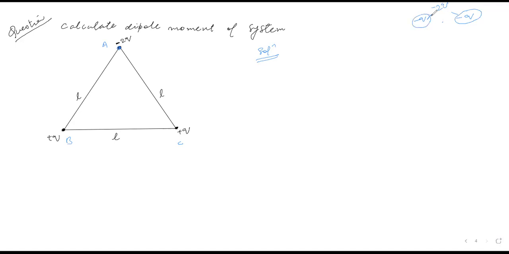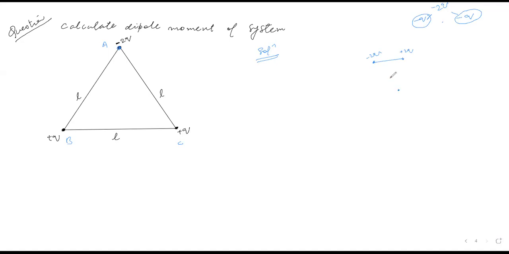Are you clear or not? Why? Because a dipole is constituted when two equal and opposite charges are separated by a very small separation. Like if the first charge is minus 2Q, then the other should be plus 2Q.